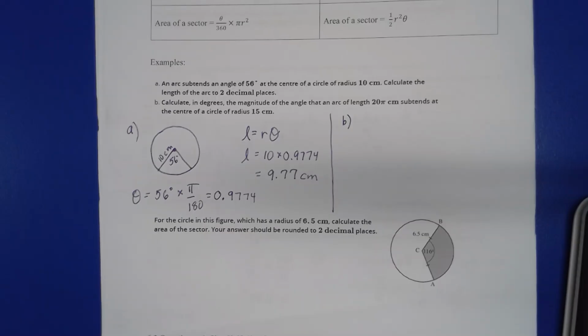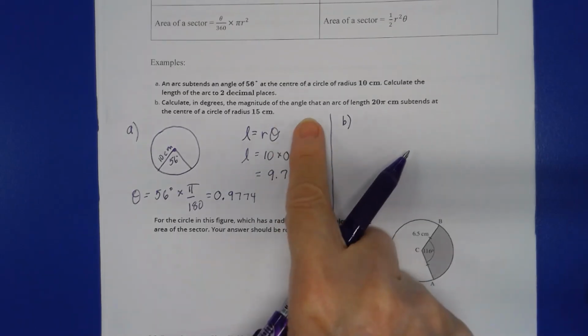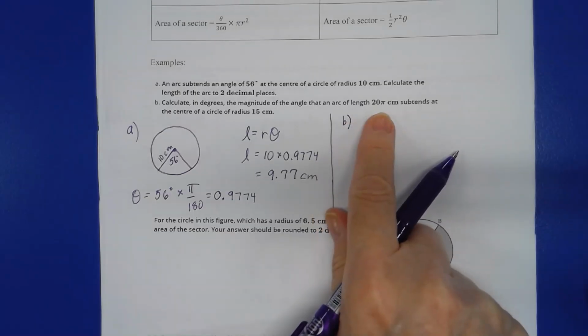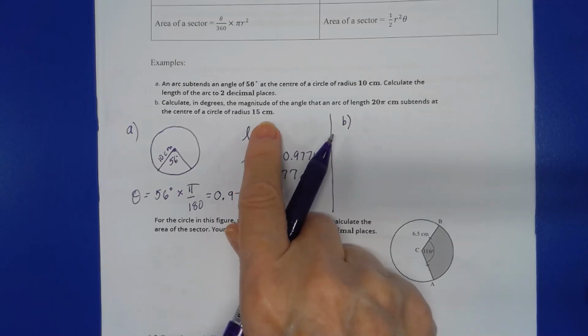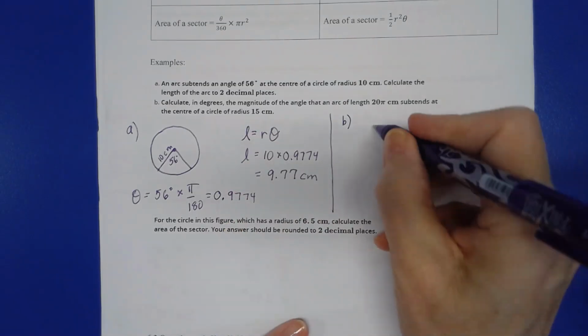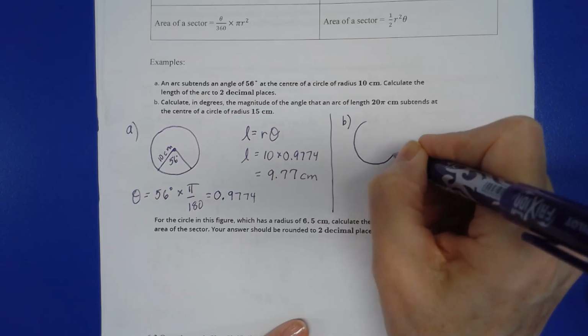Okay, part B. It says calculate in degrees the magnitude, that just means size, of the angle that an arc of length 20 pi centimeters subtends at the center of a circle of radius 15. Okay, so here I go. Same.